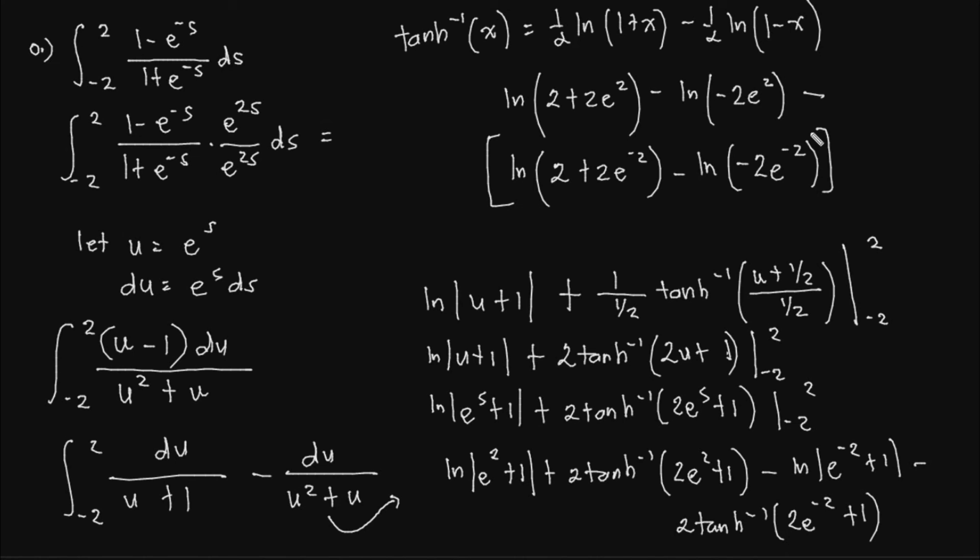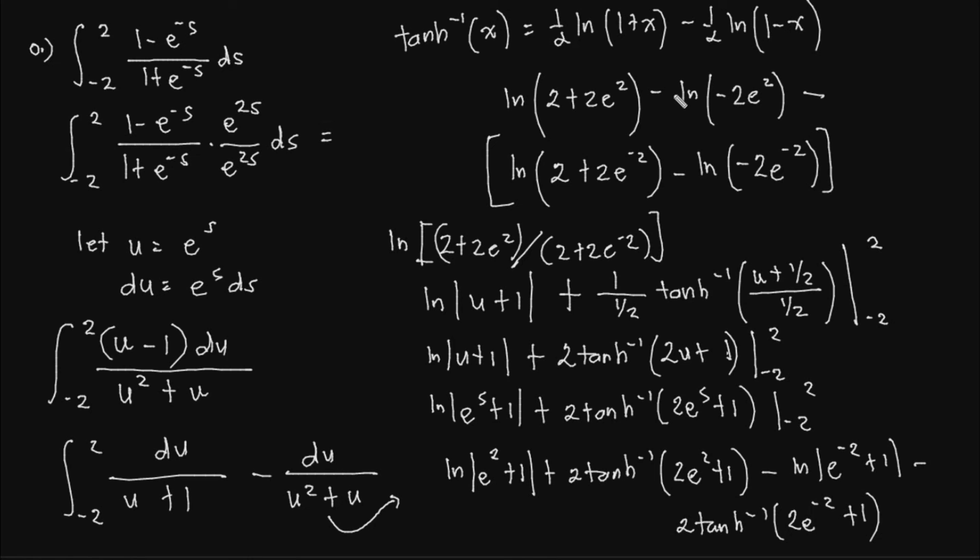Okay, so with this, paano ba natin siya i-evaluate? So ito, pwedeng i-simplify natin further. Diba this expression, pwede natin siyang gamitan ng properties. So if I do it here, this ln of 2 plus 2e squared and then 2 plus 2e squared, mapansin nyo, this can be something like the natural logarithm of 2 plus 2e squared divided by 2 plus 2e to negative 2 kasi they have a subtraction sign.